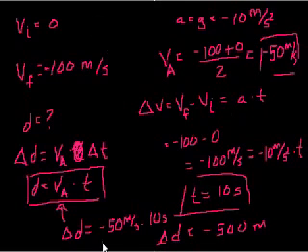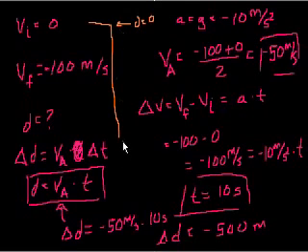So if we have a cliff, let me change color so that it looks like a cliff. If we assume that this point right here is distance equal to 0, then the ground, if this cliff is 500 meters high, your final distance, df, is actually going to be at minus 500 meters.